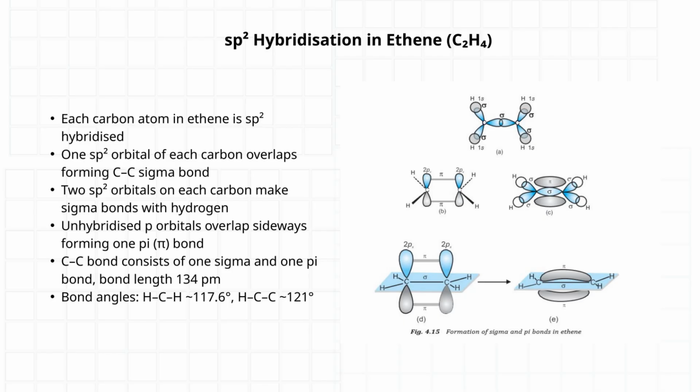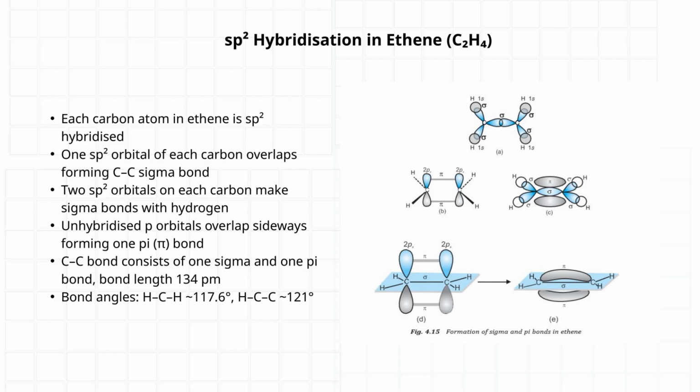Looking at figure 4.15, you can see that the double bond between carbon atoms consists of 1 sigma bond and 1 pi bond. This arrangement limits rotation around the bond axis, giving ethene rigidity. The carbon-carbon bond length is shorter at 134 picometers due to the double bond.